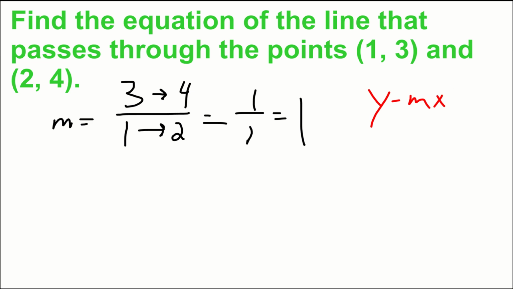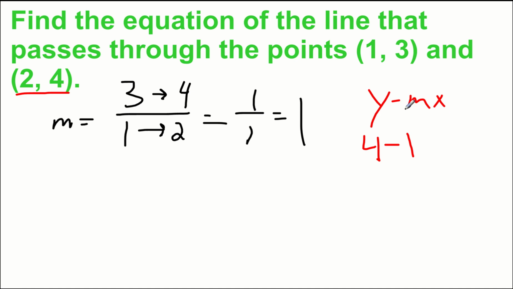To get the y-intercept, I am going to do y minus mx. You can use either of the 2 ordered pairs. For now, I'm going to use that one there. You want to use what's probably going to be easy to work with. Both of these would be easy to work with. I'm using this one because it has different numbers than our slope, so it's a little easier to show. The y value is 4 minus m, my slope, that's 1.